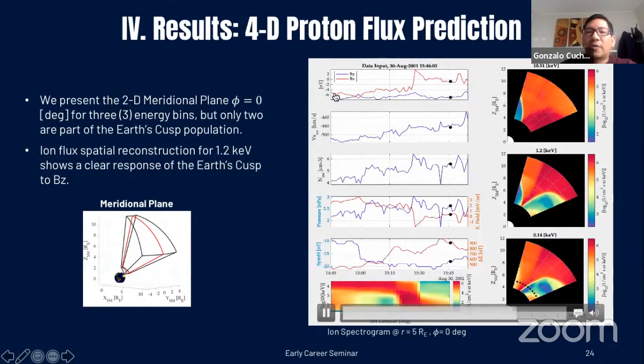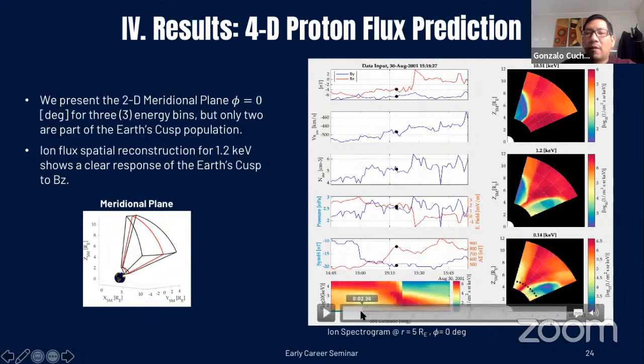So I have to mention that the Vz goes from negative, a southward IMF, it becomes positive, a northward IMF, and then it changed a little bit in the last 30 minutes. So you can observe in the 1.2 keV the location of the cusp when we have only a southward IMF, and how it changed when we have components of northward IMF.